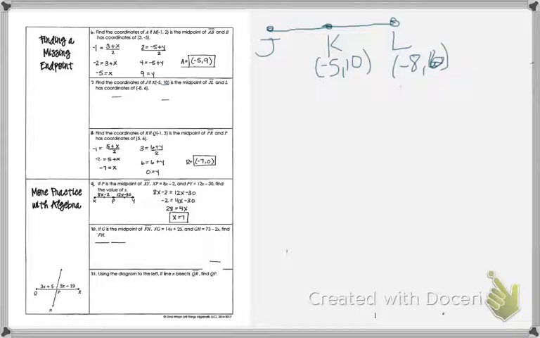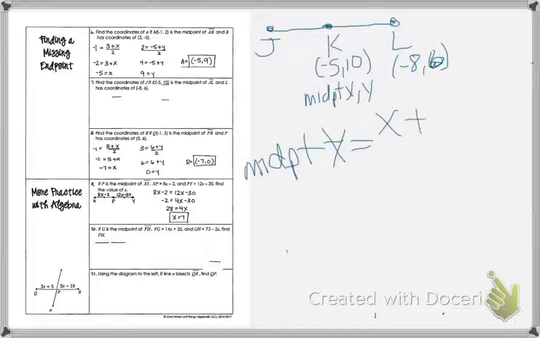Okay, so this is my midpoint. This is midpoint x, comma, y. So we're going to substitute into this formula. Midpoint x is equal to adding the x's, divide by 2.